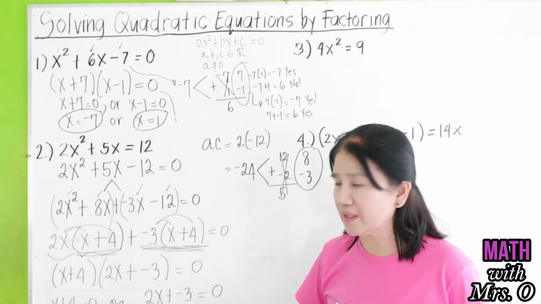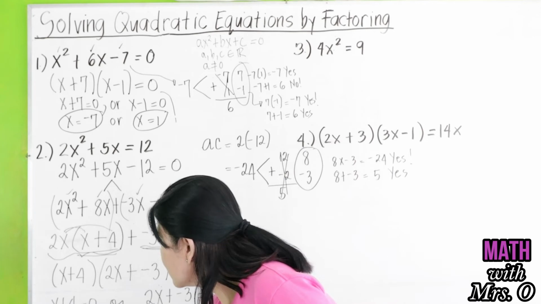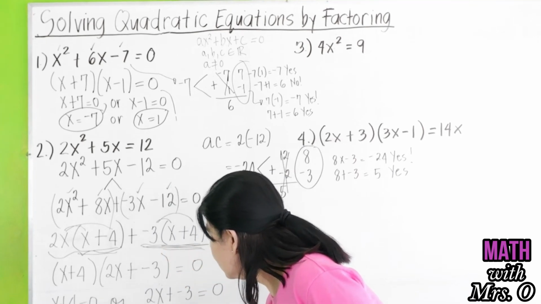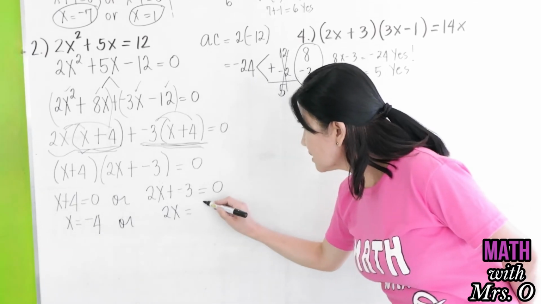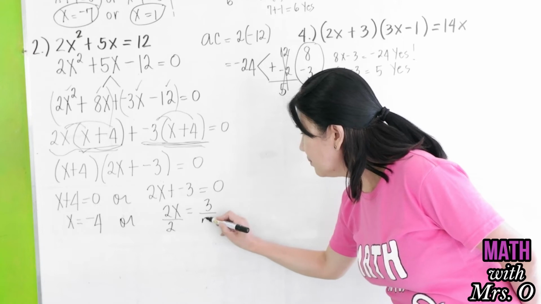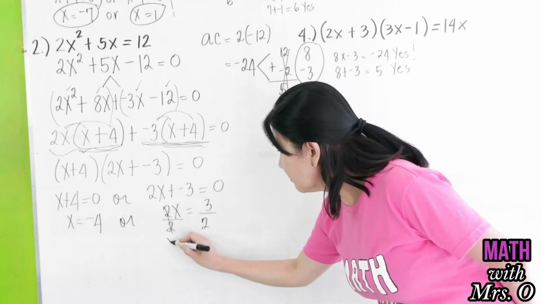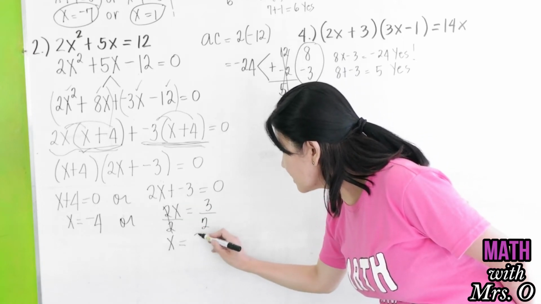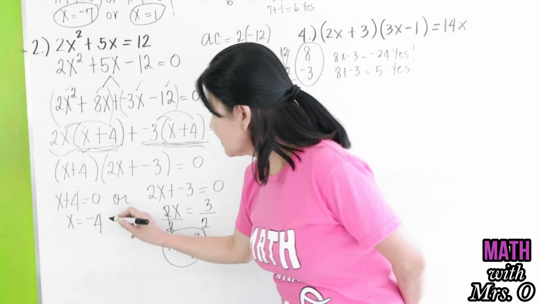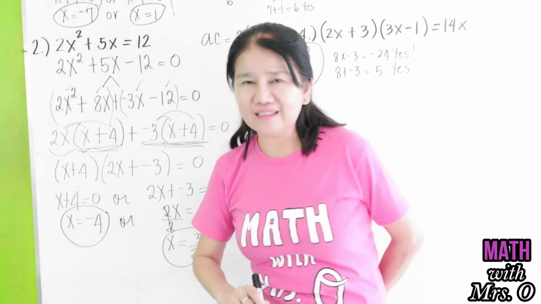This is the same as 2x minus 3. So transpose 4 to the other side, you get x equals negative 4, or 2x equals positive 3. Then isolate x, divide both sides by 2, cancel 2, x is equal to 3 halves. There you have it. x equals 3 halves or x equals negative 4.